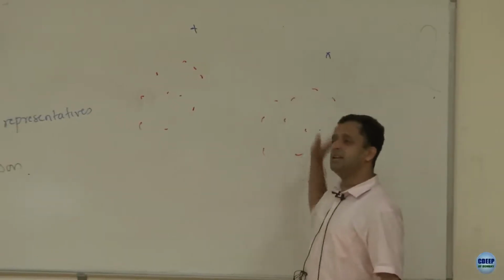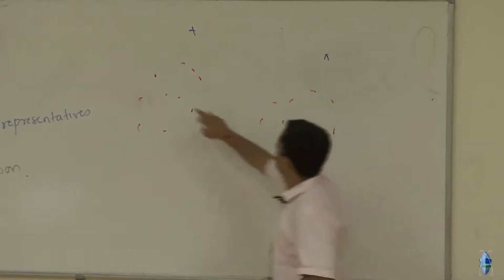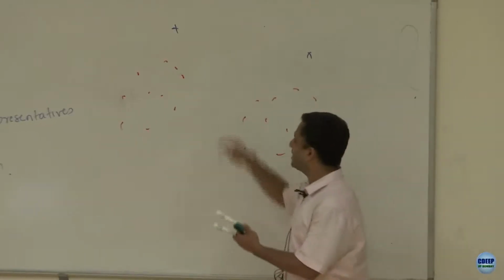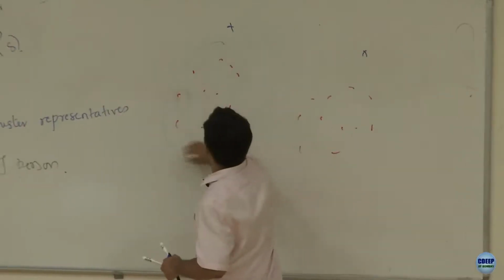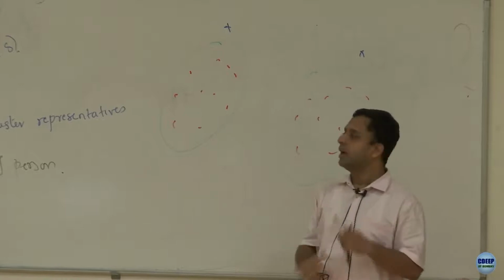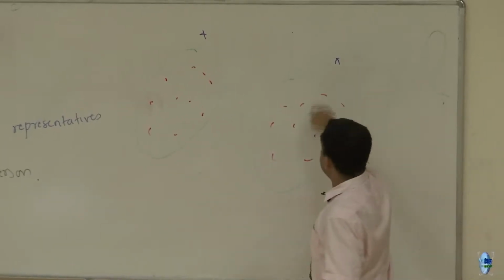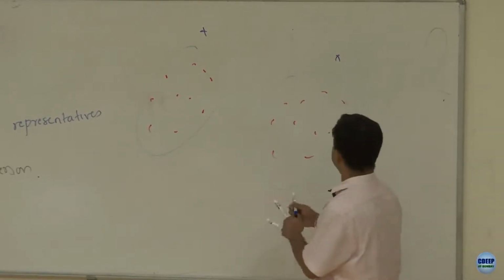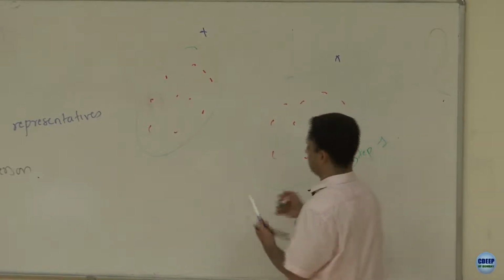I will assign points to the clusters. I will say, okay, you belong here, you belong here. I will do the membership. Once I have the membership, more or less the membership will agree with what I have. Now what will I do next? I will say, you are lying too far away, let me now choose a new representative. So this is step 1, identifying the membership.